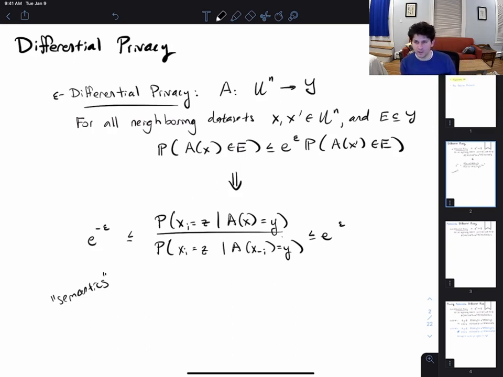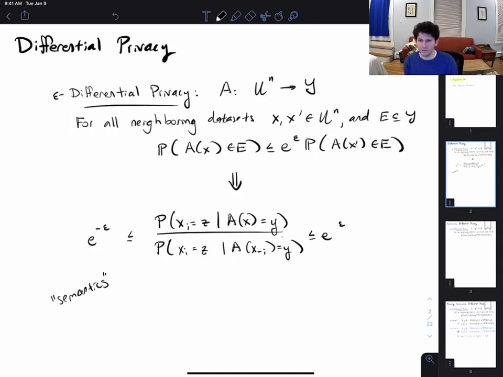So the reason we want this multiplicative definition is that it allows us to make some statement about what happens when you condition on a particular output. It basically says that since you don't know whether that output came from x or x prime, the posteriors aren't too different. But this definition is very stringent.